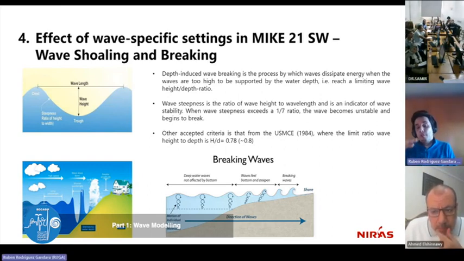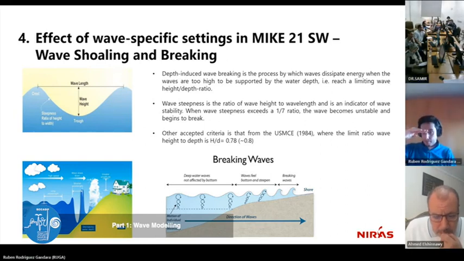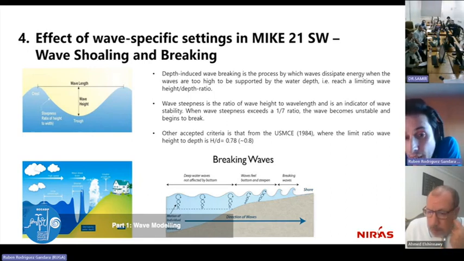For example, if you have 1 meter of water depth and a wave of 1 meter, you can easily imagine there is no physical way for that wave to go up and down in just 1 meter of water depth. You will need at least half of it for the wave to go up and down. So that theoretical limit, which will never happen, is a ratio between wave height and water depth of 1.